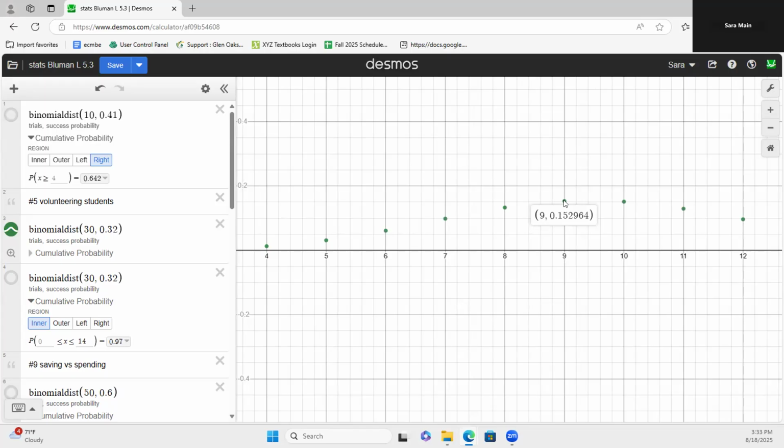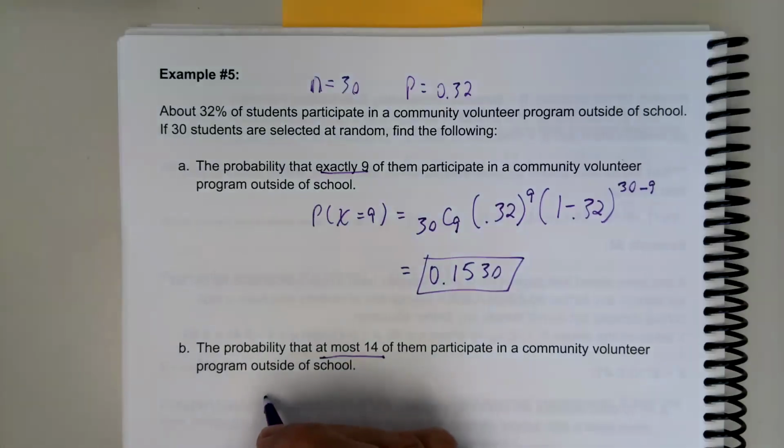And then part B says the probability at most 14. So at most 14 means I can include 14, but it's going to be everything below that. So if we go back to our course pack, this is how we would write that on our paper. Probability of X less than or equal to 14.